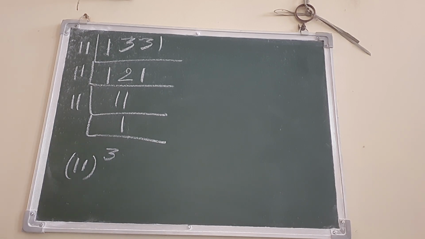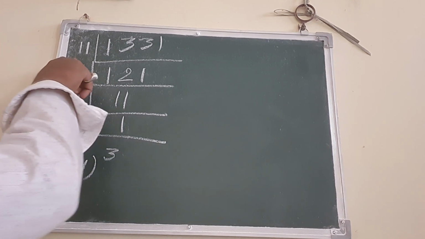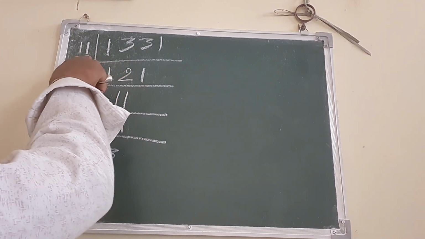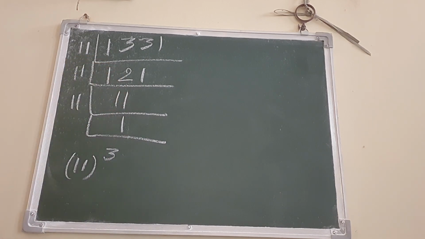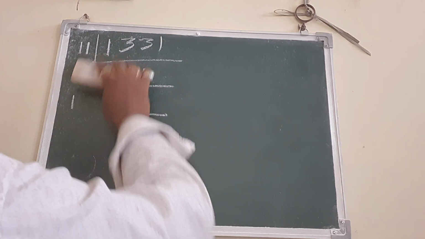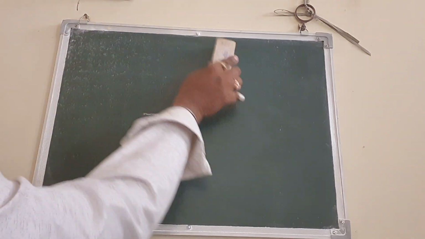So here we divide 1331 by 11 and it comes out to be 121, which is again divisible by 11, so it comes out to be 11. Then 11 ones are 11, so it is the cube of 11, so its cube root is 11. So this is our answer. So we are proceeding to the next question.